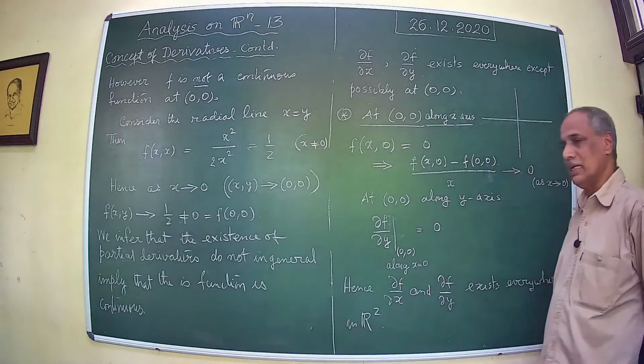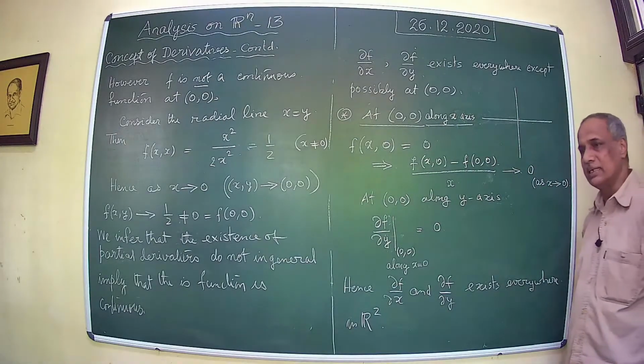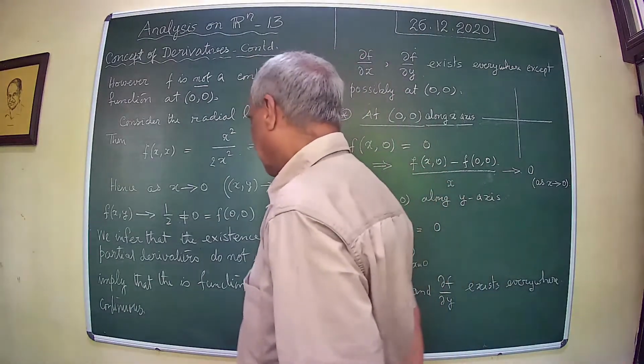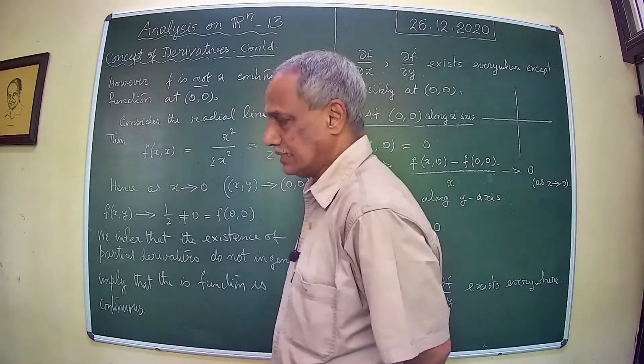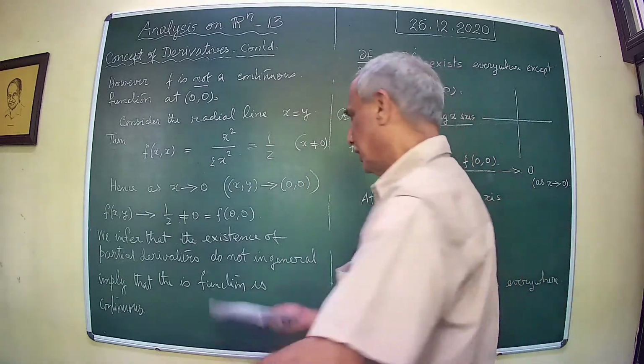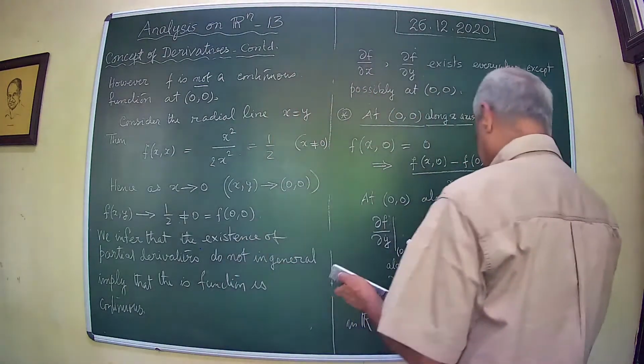So here, the continuity along certain directions can be assured, but the continuity of the function as such at the point 0, 0 cannot be assured. That's an example. It's a very interesting example.